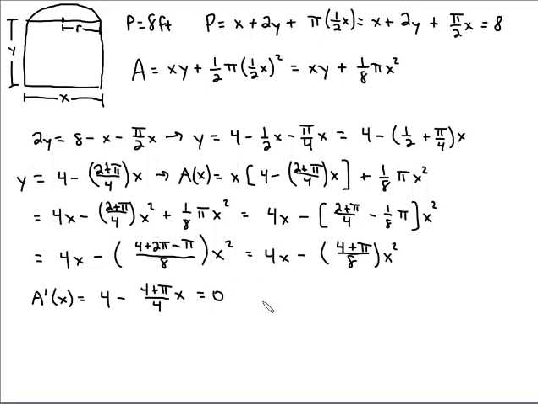So I can move one of the terms to the other side, so that one term is just equal to the other, so we'll get 4 plus pi over 4x is equal to 4. So to solve this for x, I'll just multiply by the reciprocal of that term there, so we'll get x is equal to 16 over 4 plus pi.